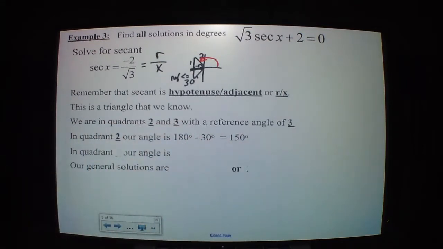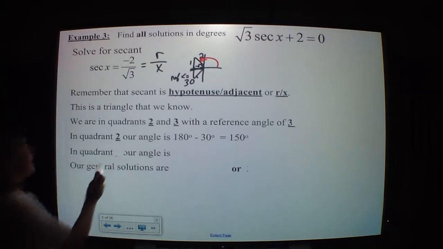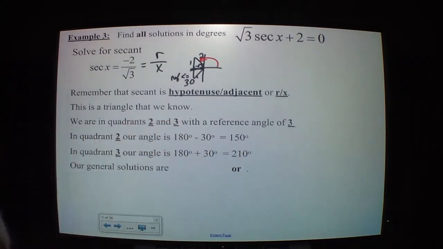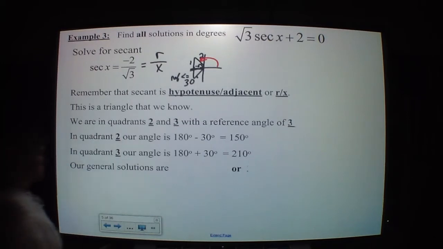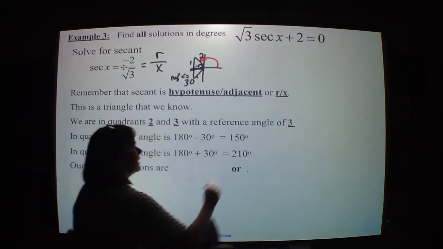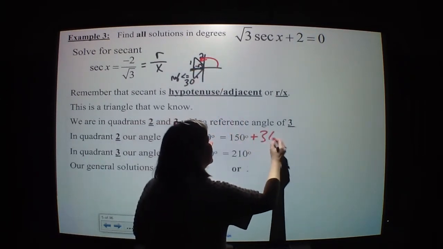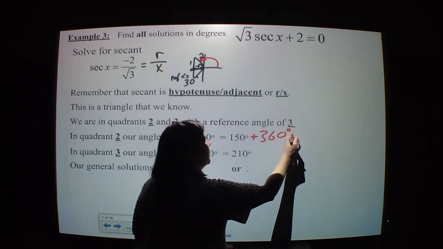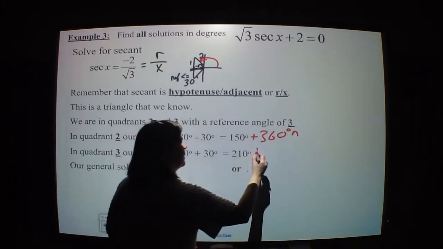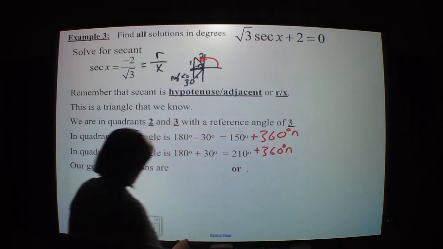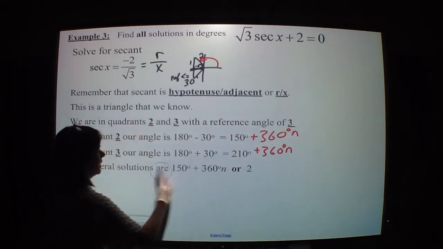The one in the third quadrant would be 180 plus 30 degrees, or 210. So those are only two angles, but I want all solutions. So I would have to take each of these and add a circle, or add multiple circles, n circles. That's what I have here.